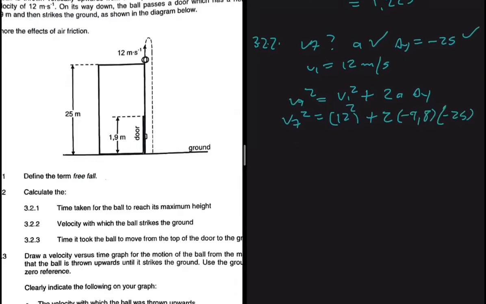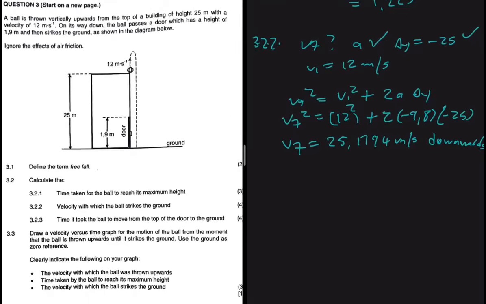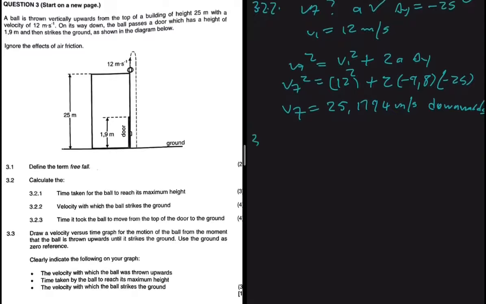So here, if we take the square root on both sides, we should get VF equal to 25.1794 meters per second downwards, right? Downwards. Let's put the direction there.